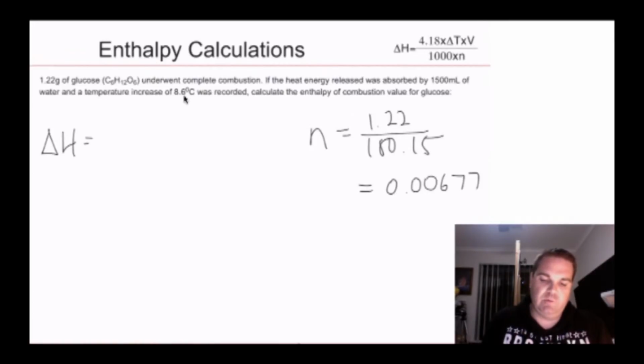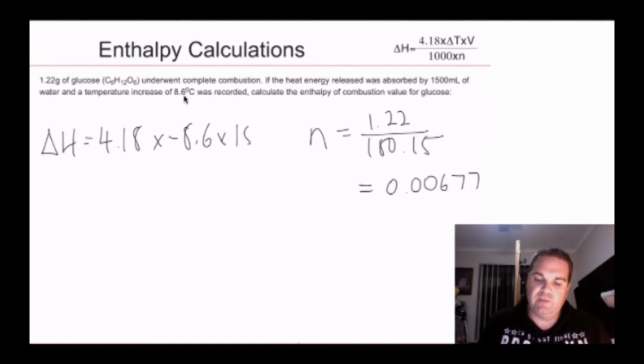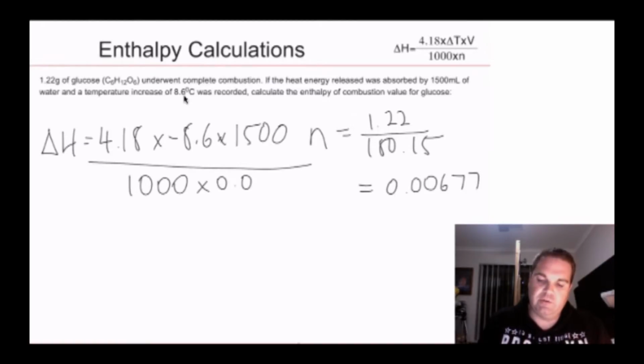Delta H equals 4.18 times by our change in temperature, which is minus 8.6, okay, times by our volume, which was 1500. Okay, we divide that by 1000 times by our number of moles, which is 0.00677.